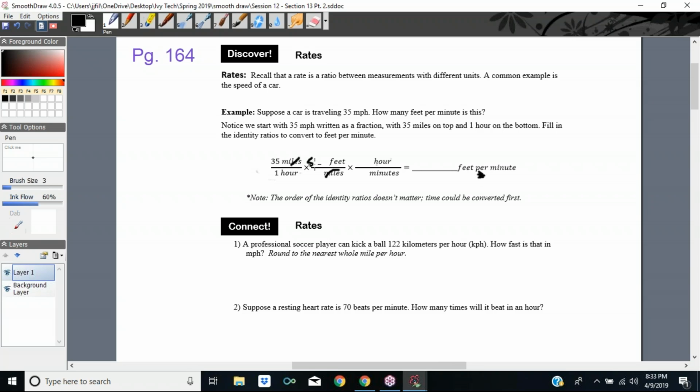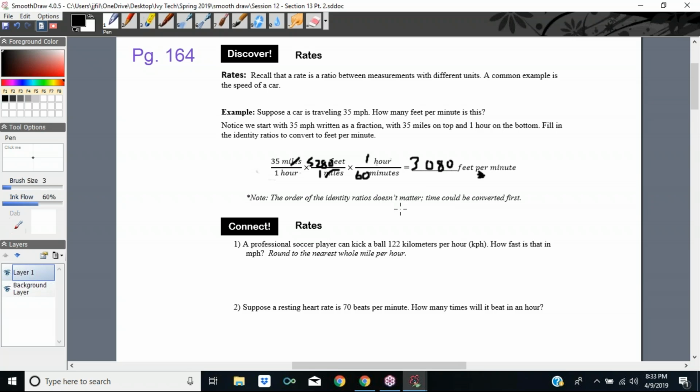So 5280 feet per mile, and then 1 hour is 60 minutes. We're going to multiply 35 times 5280 and then divide by 60. And that does get us 3,080 feet per minute.